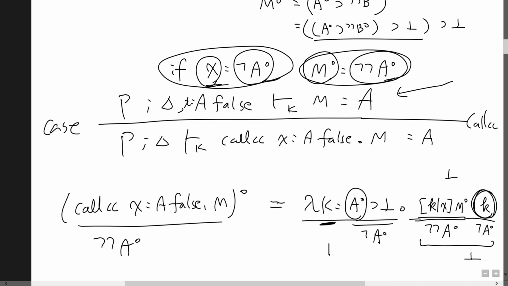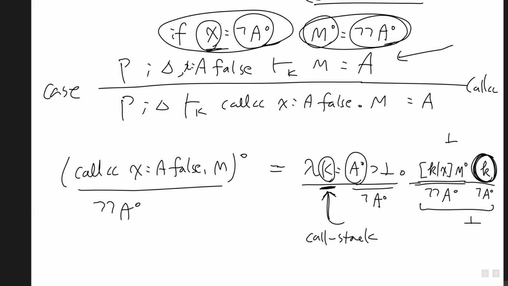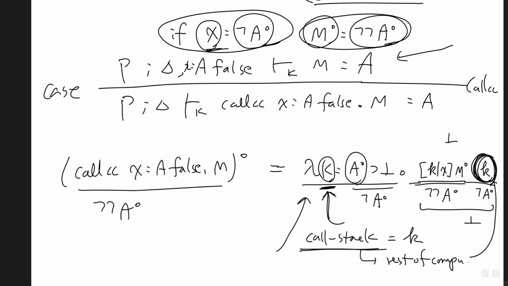So this is basically the rest of the computation, or at runtime, the current call stack will be stored in this variable K. In other words, at this point, the call stack is stored in K, but the call stack is basically the rest of the computation. So you use it again here. So that's the translation of the call CC.